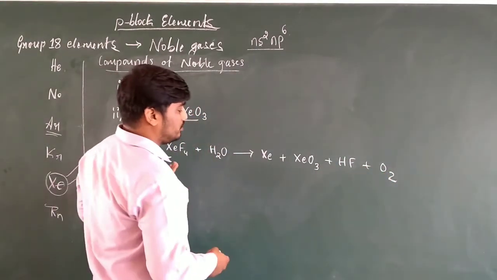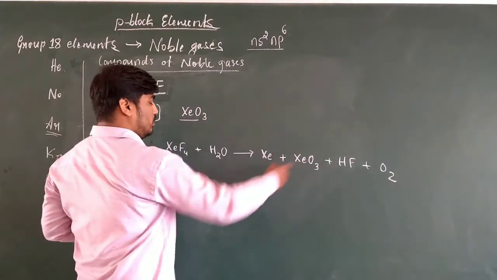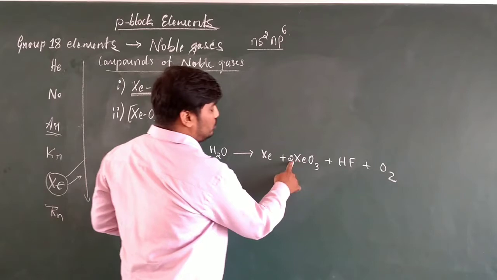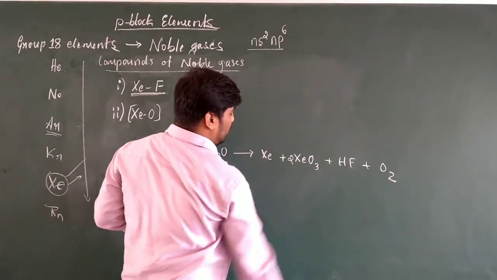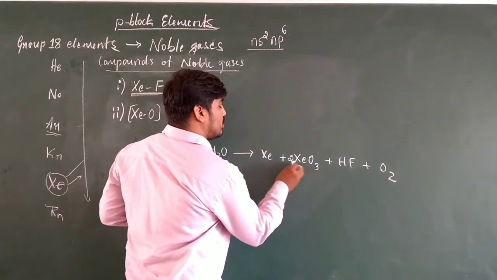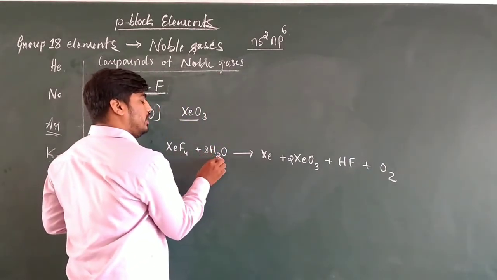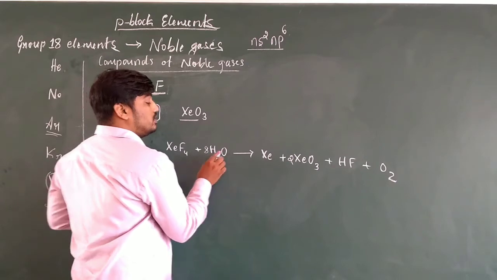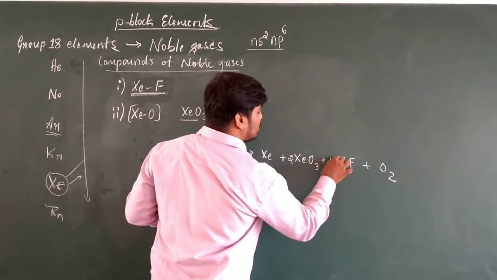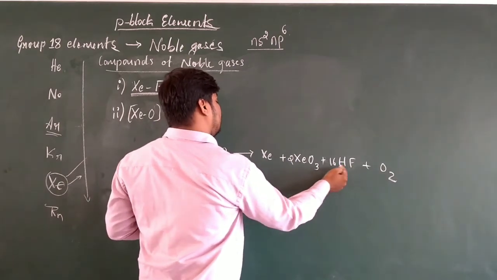Then how to balance this reaction? Here the number of oxygen is 5, which is not possible, therefore I multiply by 2. 3 into 2 becomes 6, and 2, so 8. When I multiply 8 into 2, 16 hydrogen. Next, how many fluorines? 16 fluorines.